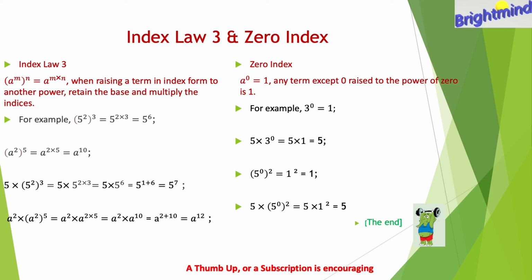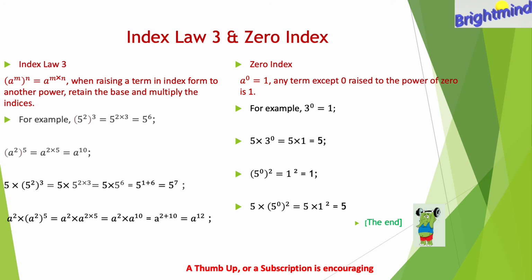We look at the third one, bracket 5 to the power of 0, bracket to the power of 2. Because 5 to the power of 0 is 1, it equals 1 to the power of 2. And 1 to the power of 2 gives you 1. So the final result is 1. The last one, 5 multiplying, bracket, 5 to the power of 0, bracket to the power of 2, equals 5 multiplying 1 to the power of 2.